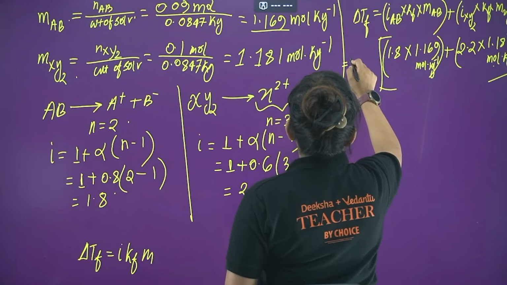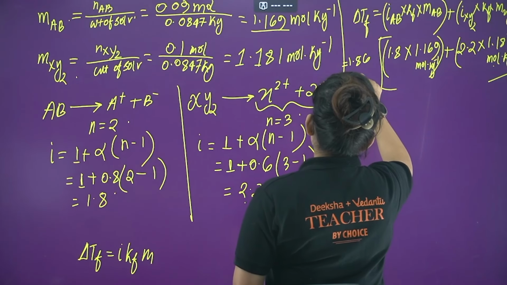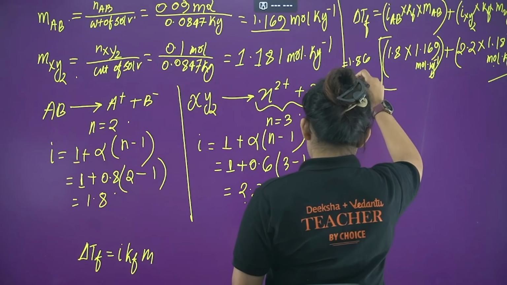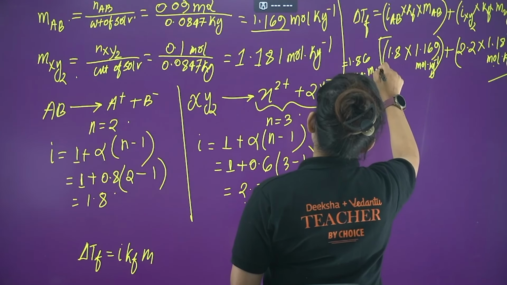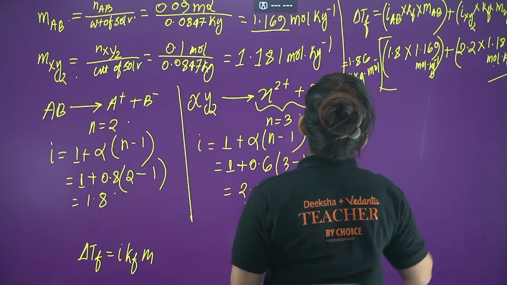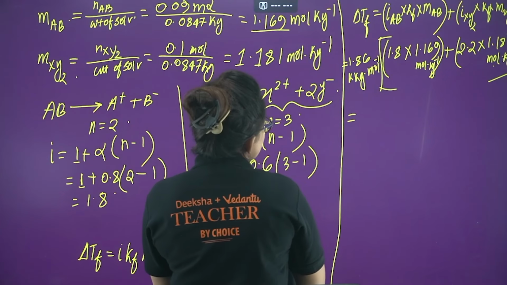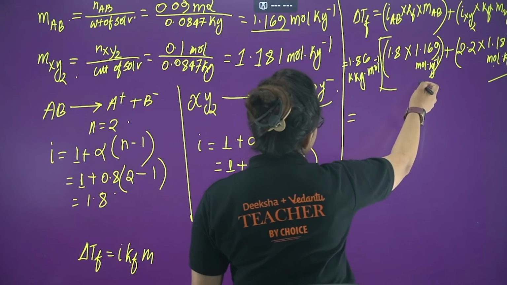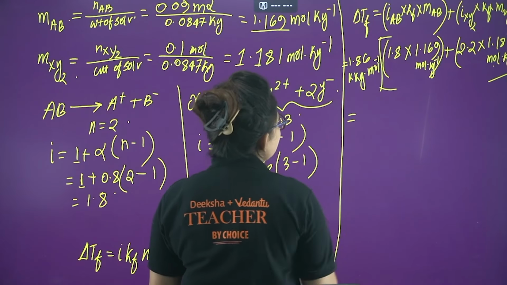I am having 1.86 Kelvin kg mole inverse. So as a result of this, you can see mole inverse will be cancelled out, kg inverse and kg will be cancelled out. So overall I am getting Kelvin only.